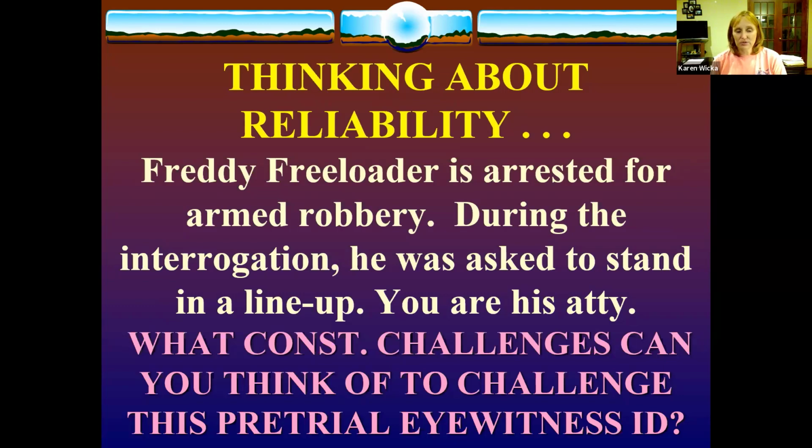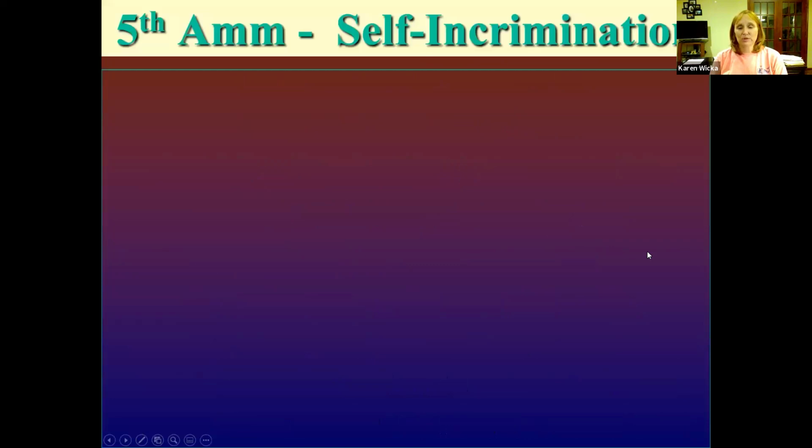So what constitutional challenges can we have to this pretrial eyewitness identification? How can we say it's unconstitutional and get it thrown out of court? So one of the arguments that has been made is that it's self-incrimination. To force a person to stand in the lineup or have their picture be in the photo array is having them incriminate themselves.